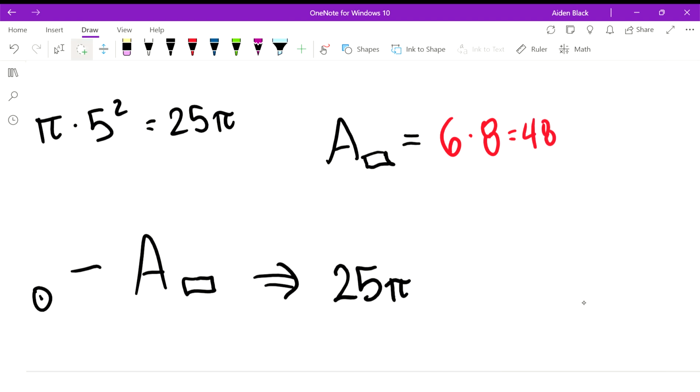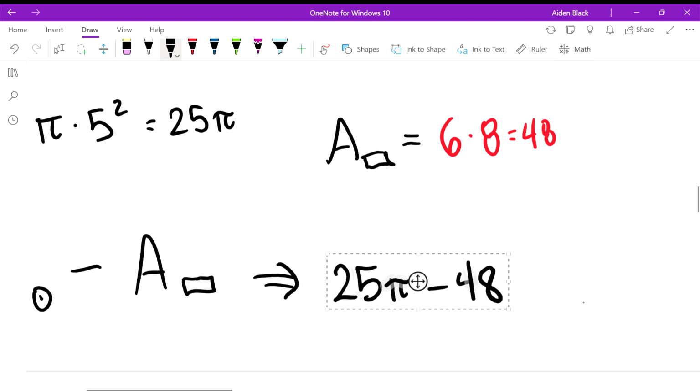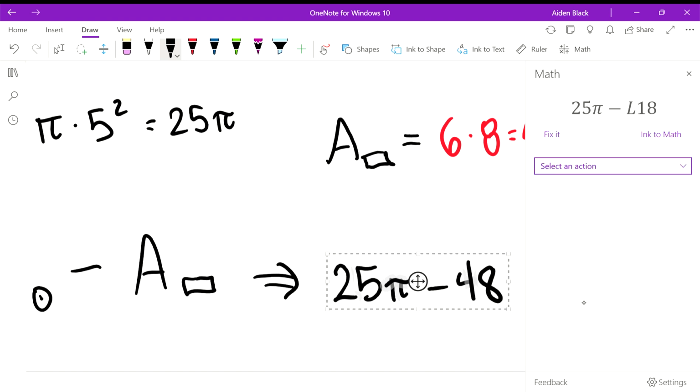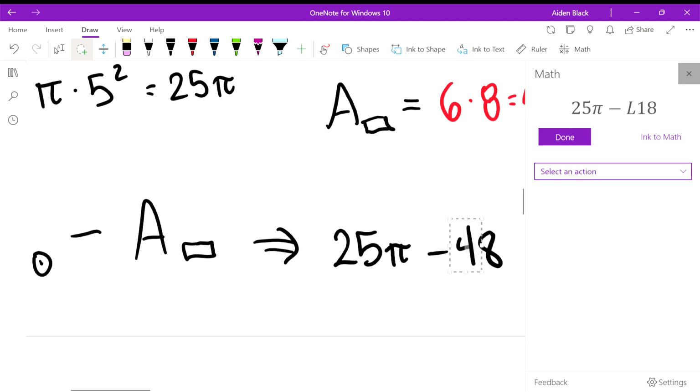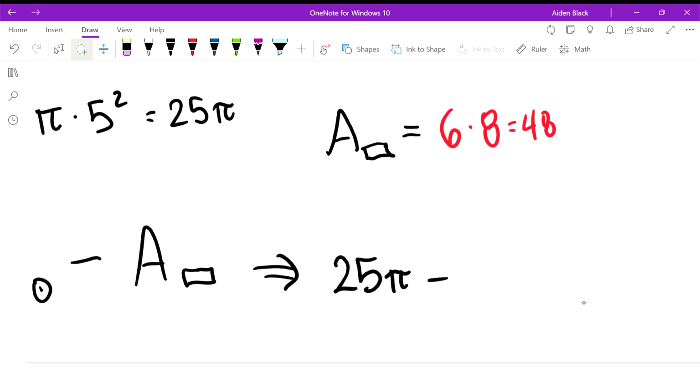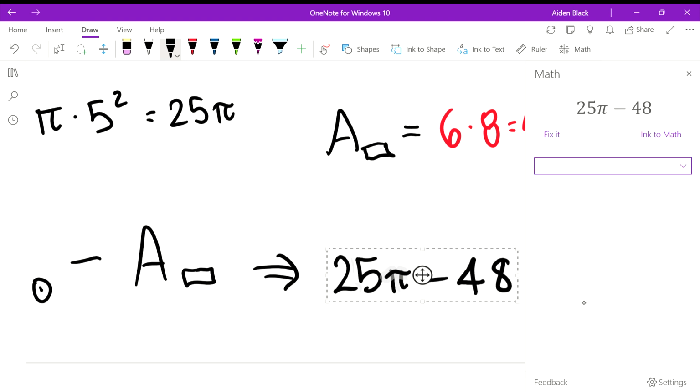It's driving me mad. If you just wrote 25 pi minus 48, I'd be satisfied. Unless the question, of course, is asking you to round it. It's taking way too long. I am sorry. Here we go.